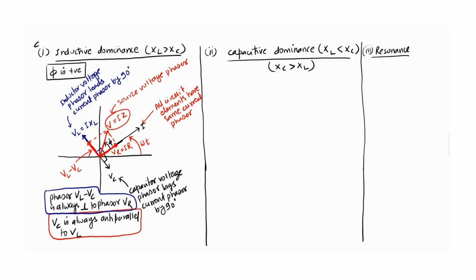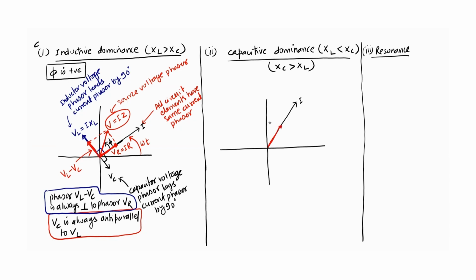Now we go for capacitive dominance. For the resistor, current and voltage phasor are in the same phase.